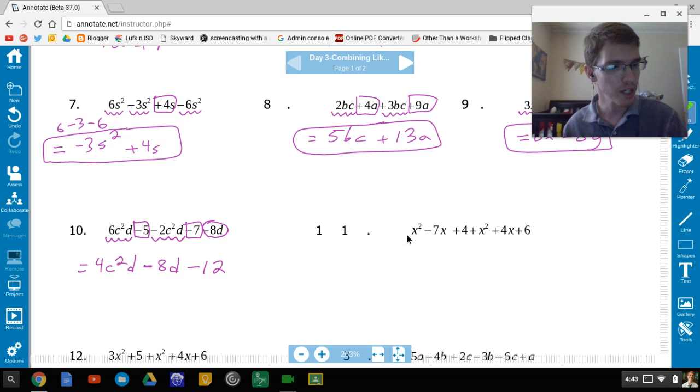All right, number 11. We're actually going to do this a lot later in the year, lots of times. So we'll have x squared. Let's go ahead and box that in. Minus 7x plus 4 plus x squared plus 4x, that's in a box, plus 6. All right, so x squared plus x squared, that's a 1x squared, so a total of 2.